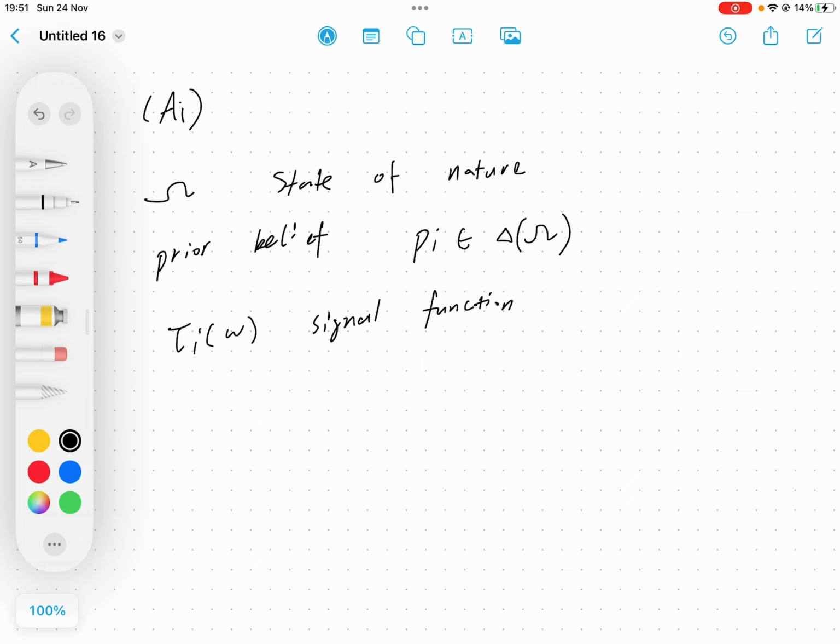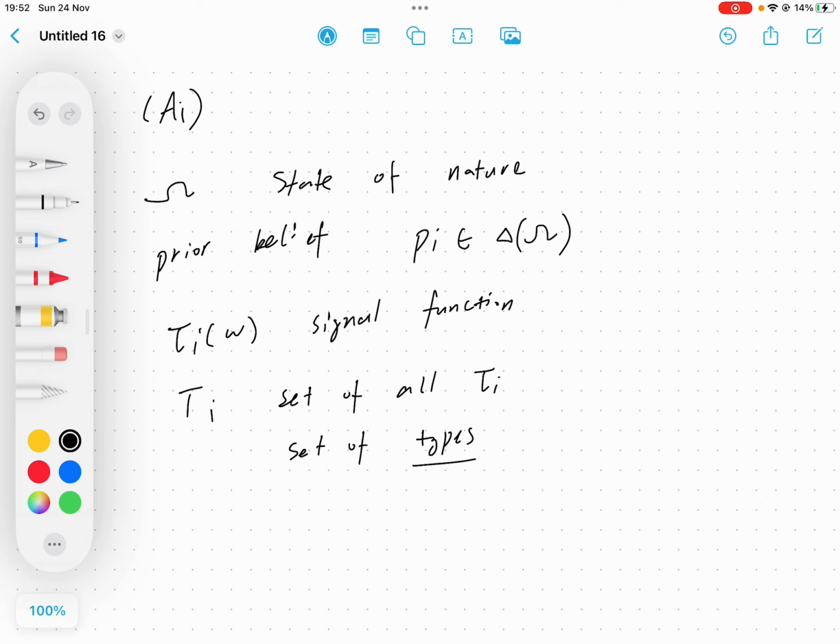This is the signal that player i could observe before choosing the player's own action, given that the state of nature is omega. We denote by capital T_i the set of all possible values of tau_i, not omega. Sometimes we could refer to this as the set of all signals, or we could call it the set of types.